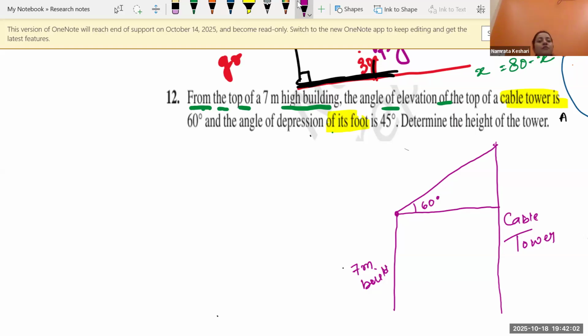Now from the top of 7-meter high building, the angle of elevation, angle of depression, there is a comma, because both the angles are getting created from this top of the building only. Both the angle of elevation and angle of depression are getting created from this black color dot only, from the top of the building. Angle of elevation we have marked, we will be marking the angle of depression like this, which is given as 45 degree.